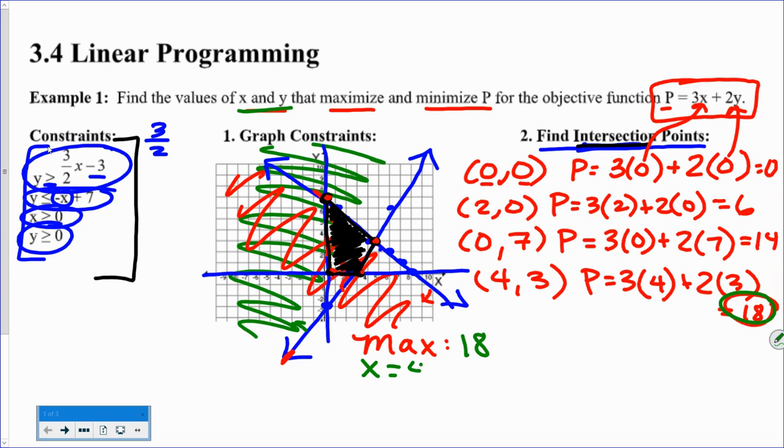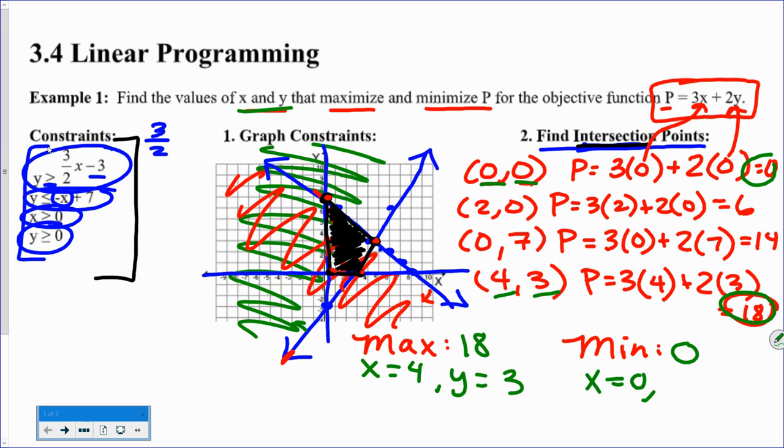Well, x had to be 4 and y had to be 3. It also asked us about minimizing p. So if I was looking for the minimum, that would have been 0. And what values made it 0? Well, when x was 0 and when y was 0.